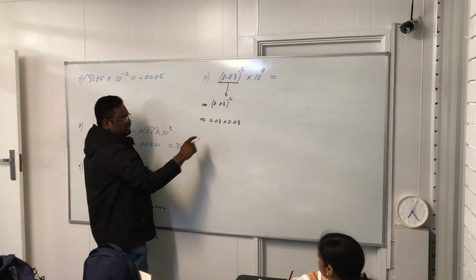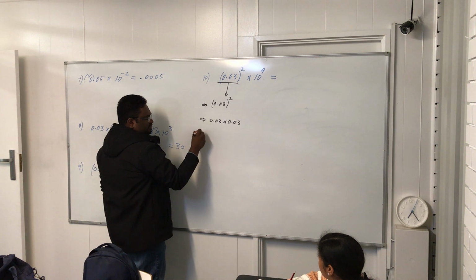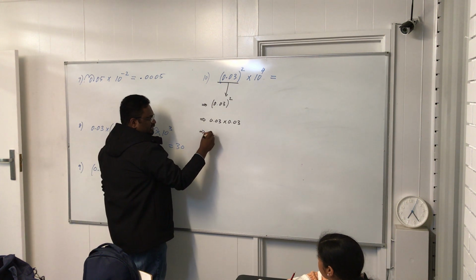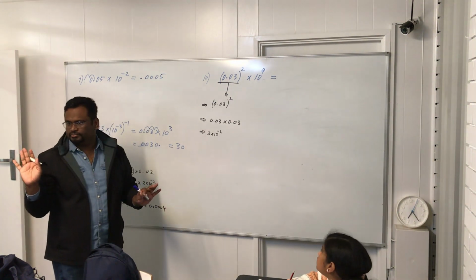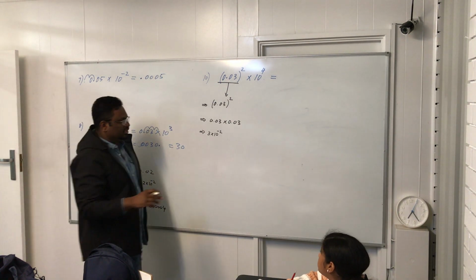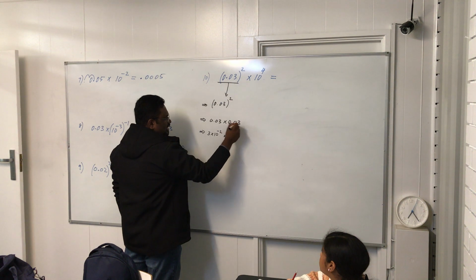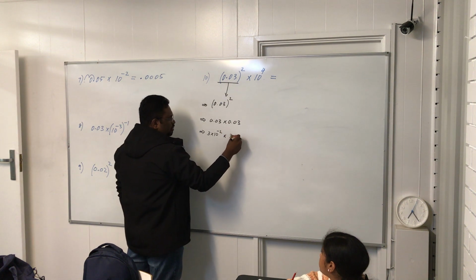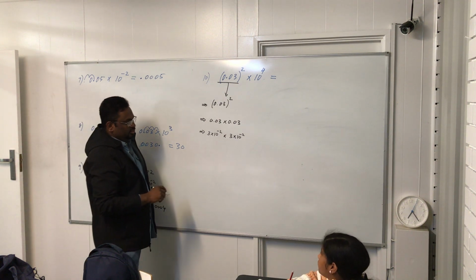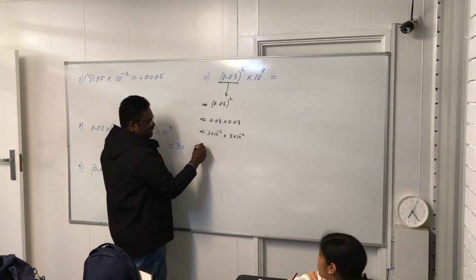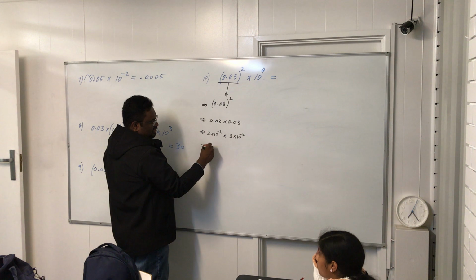Then this guy I'm going to write as 3 times 10 to the power minus 2. All good? Times this guy again, I'm going to write 10 to the power minus 2. Now it's all good? Then I can now directly say this is going to be 3 times 3 is 9.